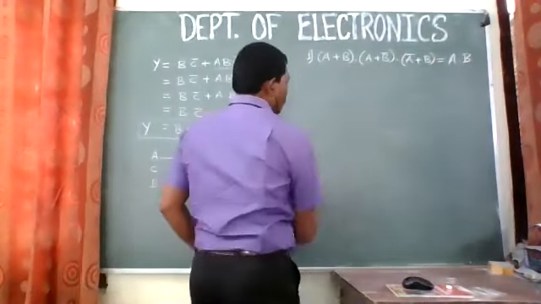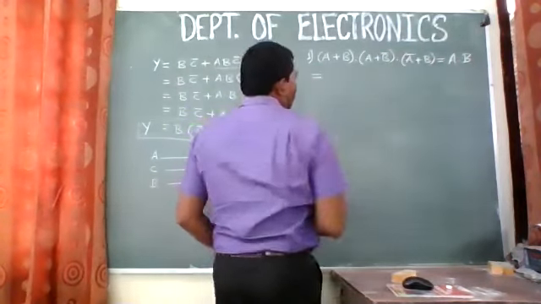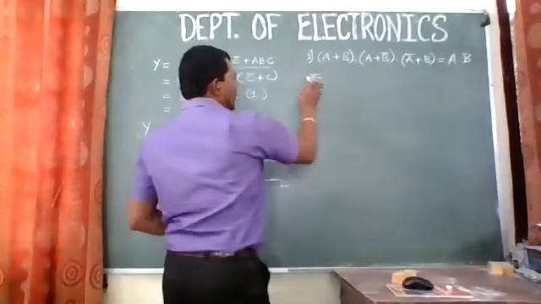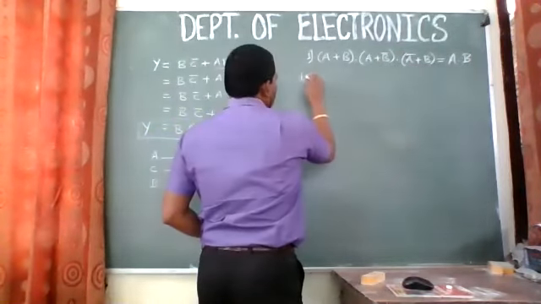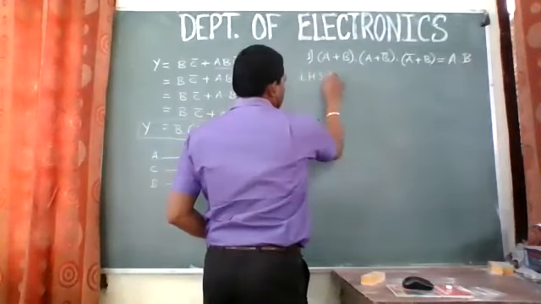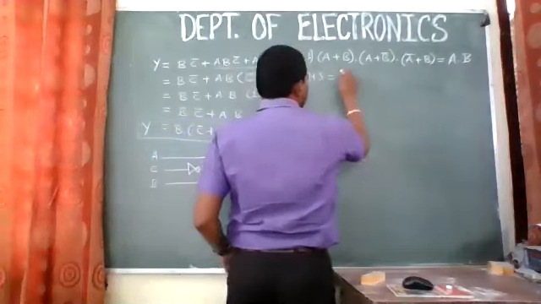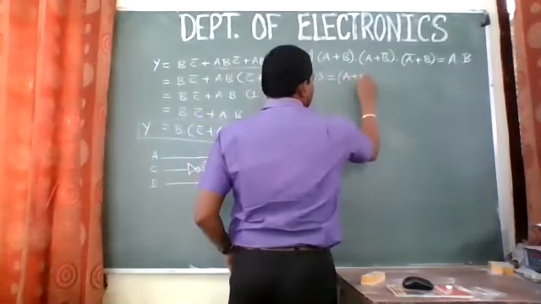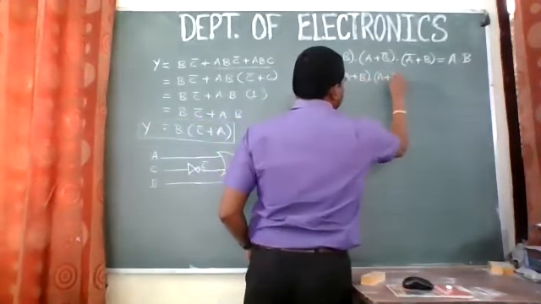Let us begin. So the first equation can be equated to the left hand side. LHS is equal to (A plus B) dot (A plus B bar) dot (A bar plus B). I guess it is visible. If it is not visible, kindly keep me updating on that.